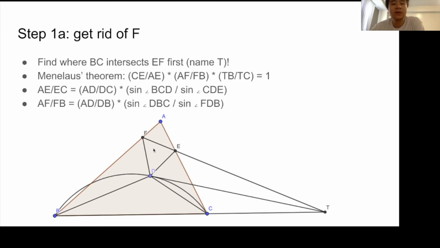To explain a bit more, AE divided by EC is mainly based on this triangle ADC, and you have E that is on the line AC, and then you basically consider the angles ADE and CDE, and the same for this one, ADF and also BDF.